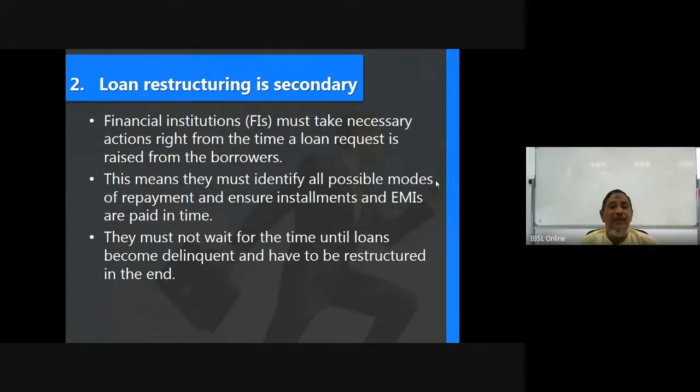They must not wait until loans become delinquent and have to be restructured at the end. So prevention is better than cure. Take precautionary actions where we can avoid getting the NPA.